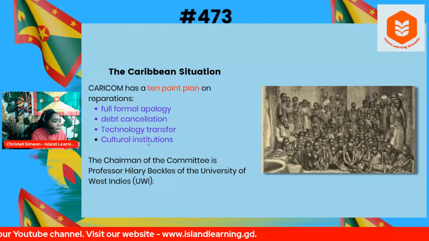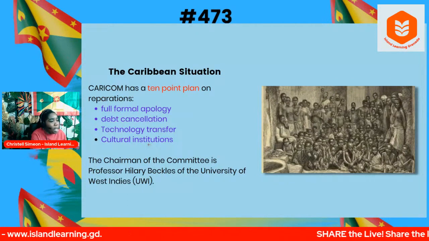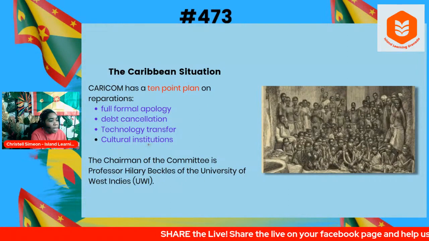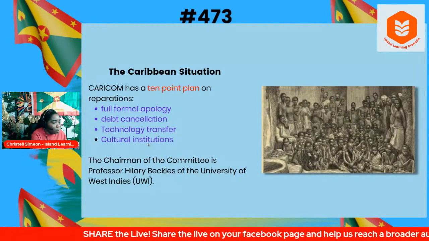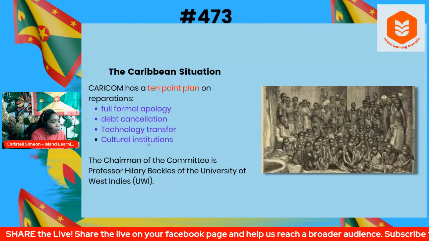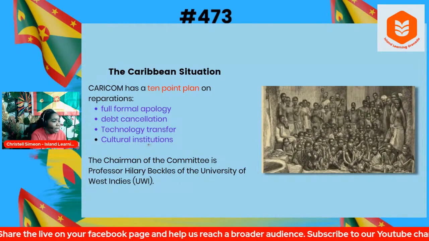So those are some of the highlights of that 10-point plan that CARICOM has, and the CARICOM Reparation Commission is seeking to get from our former masters and their descendants, etc.